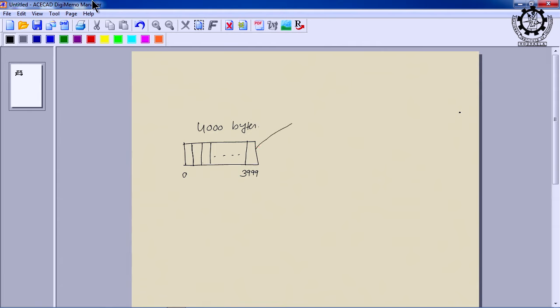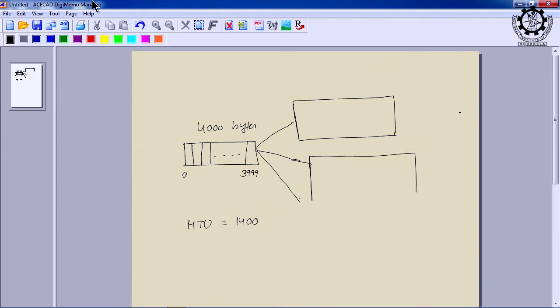When this is fragmented into 3 fragments, as we discussed, if the MTU of the outgoing path is 1400, then we saw that you had one fragment of length 1400 bytes. The next fragment was another datagram having again 1400 bytes, and the last one is another fragment having a size of 1200.